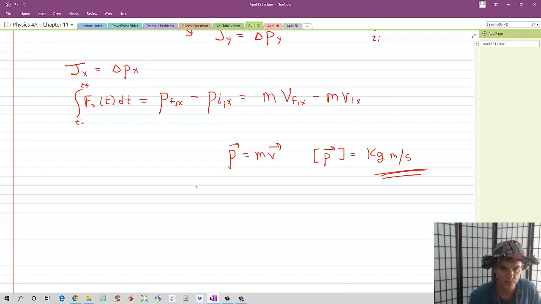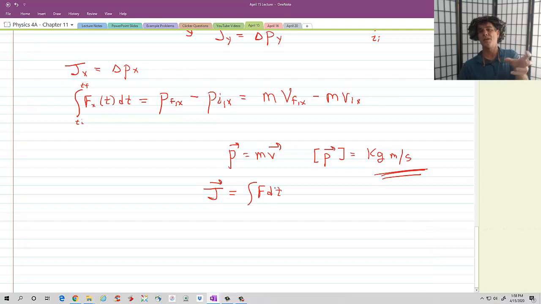Well, how about the units of impulse? Impulse is basically the integral of a force dt. So the impulse has to have units of force times time. Units of force is Newton, units of time is second. So the units of impulse are the Newton second.